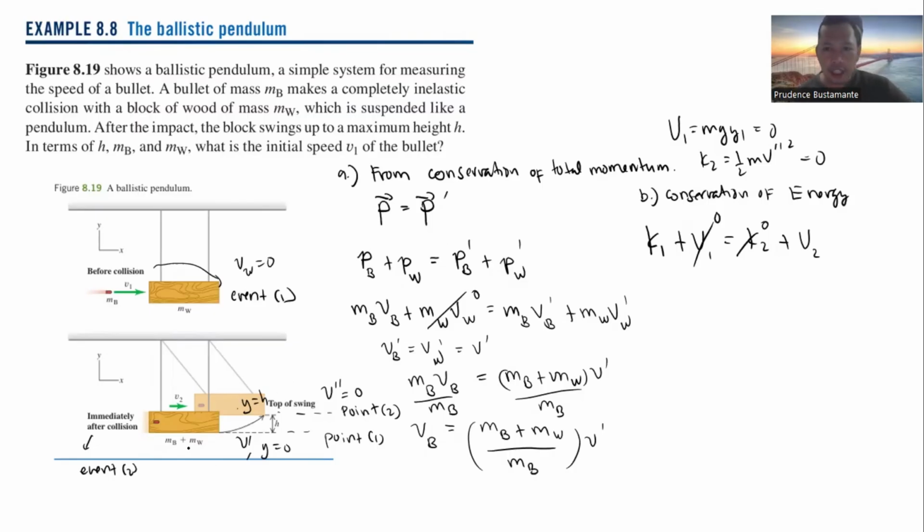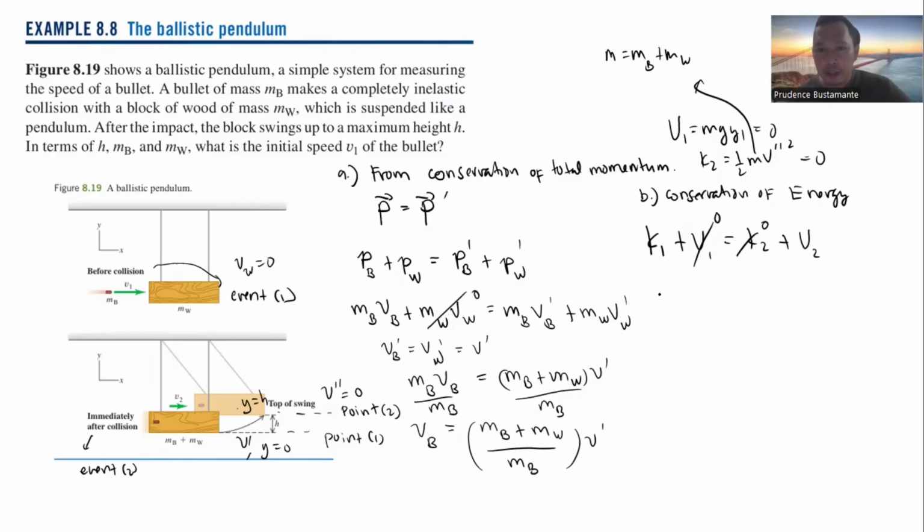The initial kinetic energy is a combined kinetic energy, because we have two masses. So the m here is the mass of the bullet plus the mass of the wood. At point 2, the velocity is equal to 0, therefore K2 is equal to 0. And at point 1, the height is equal to 0, so the gravitational potential energy is equal to 0.